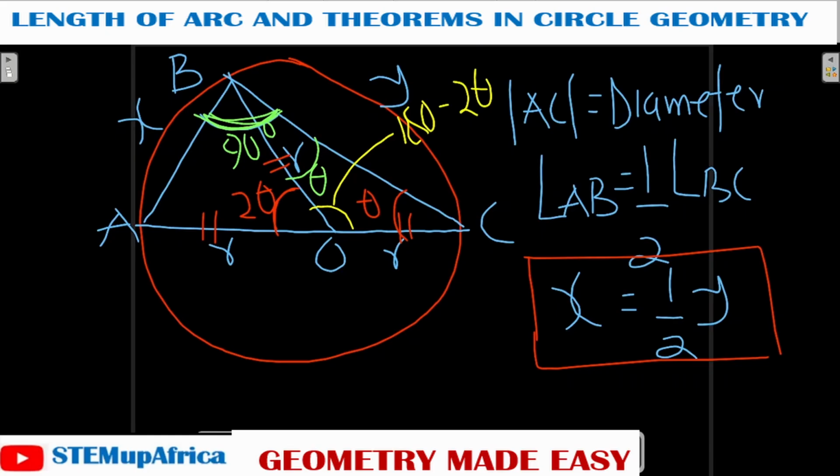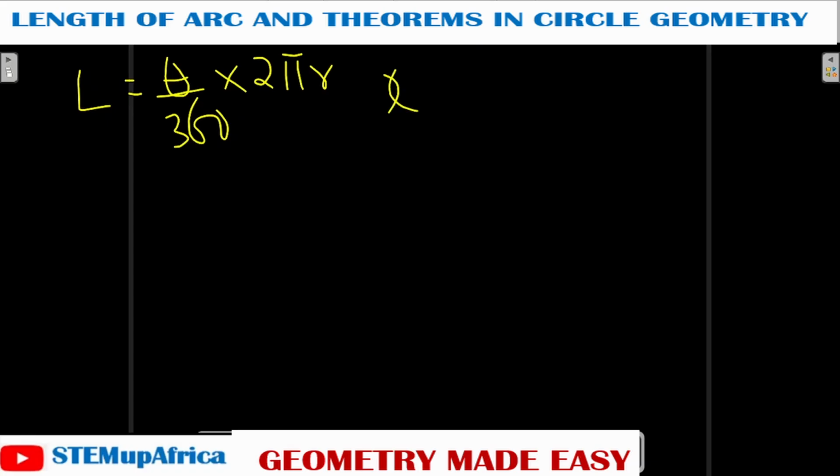So let's get the length of arc of AB. I will code my expression: length of arc is theta over 360 times 2 pi r. So the length of arc, which is x, with angle 2 theta, is 2 theta over 360 times 2 pi r. Let's call this equation 1.